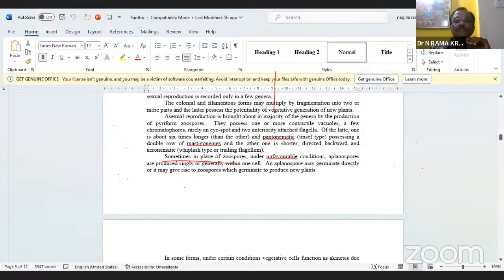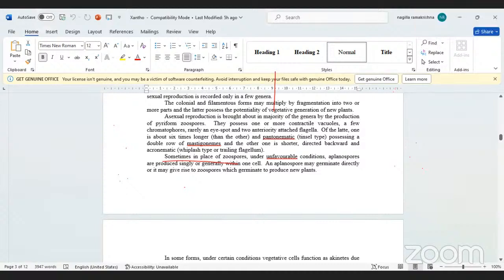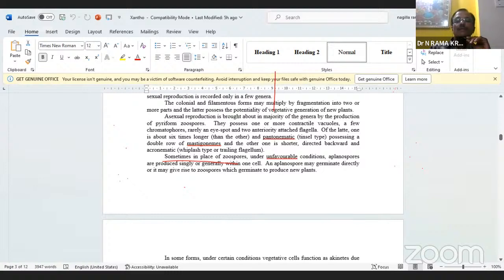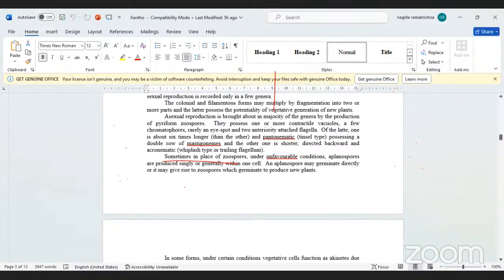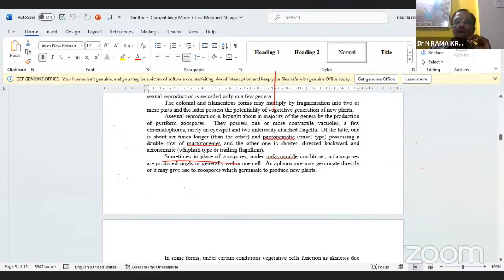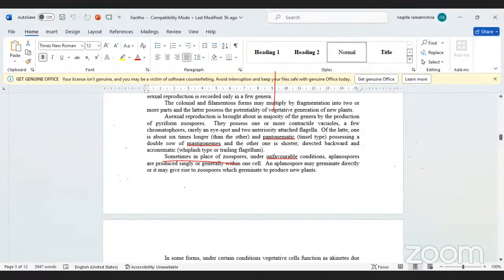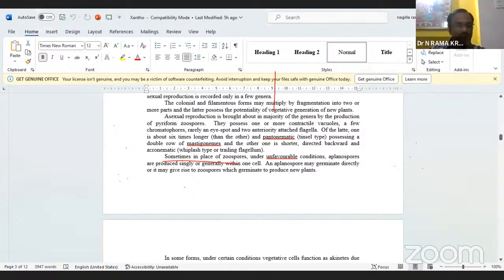Is it clear now? Yes, sir. Under favorable conditions it is zoospores. Both are asexual reproduction systems. Is it clear now? Yes, sir. So these are all the general characters of Xanthophyta.